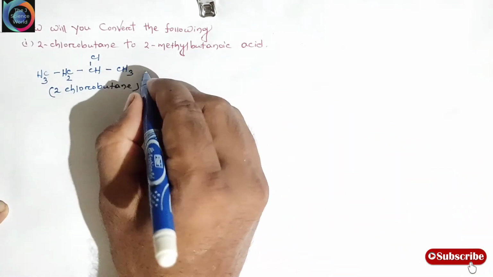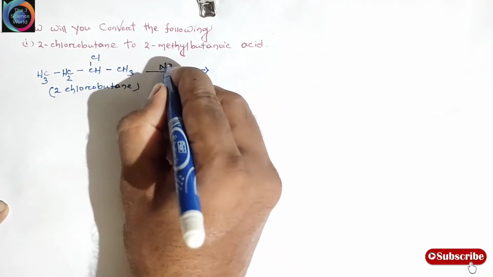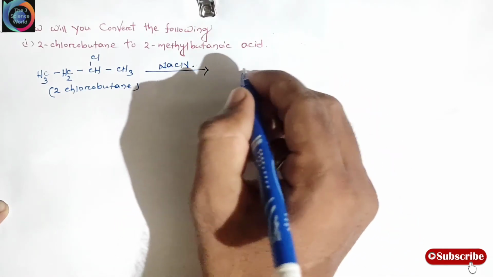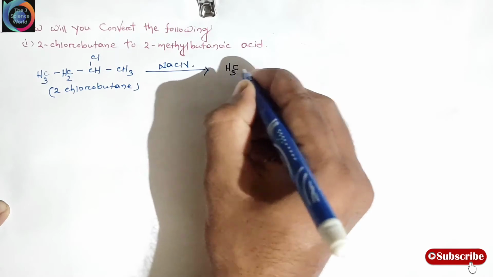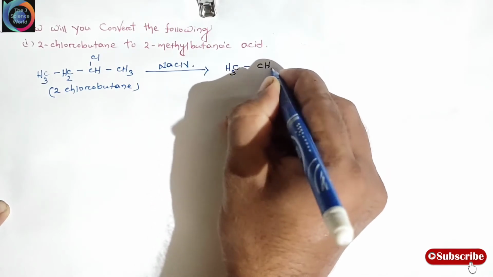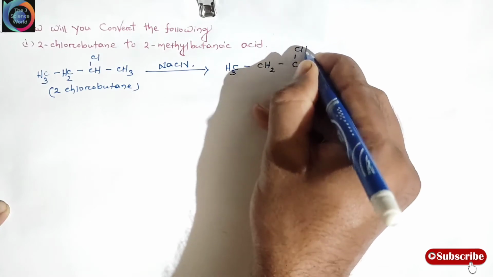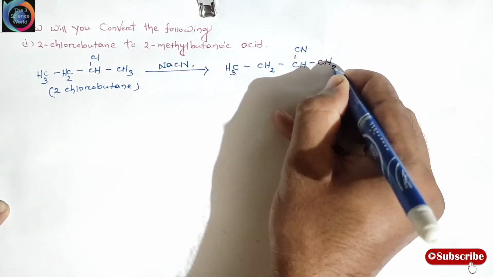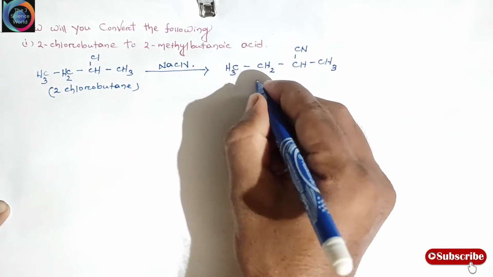When 2-chlorobutane reacts with NaCN, it can be converted into 2-cyanobutane.